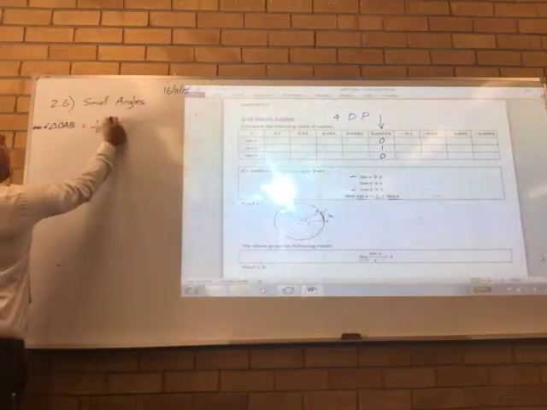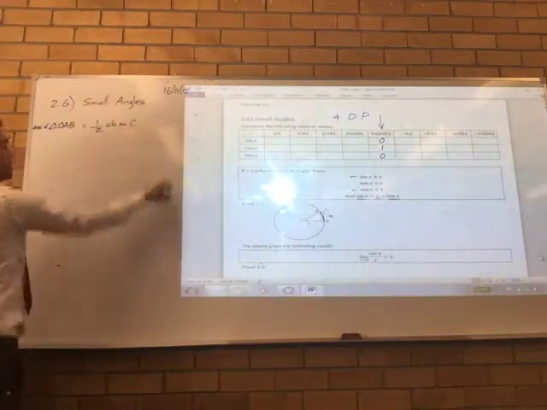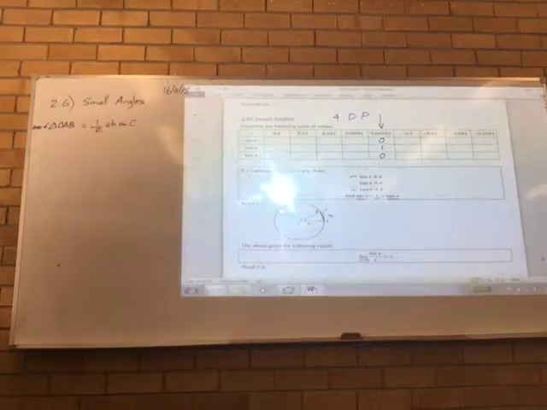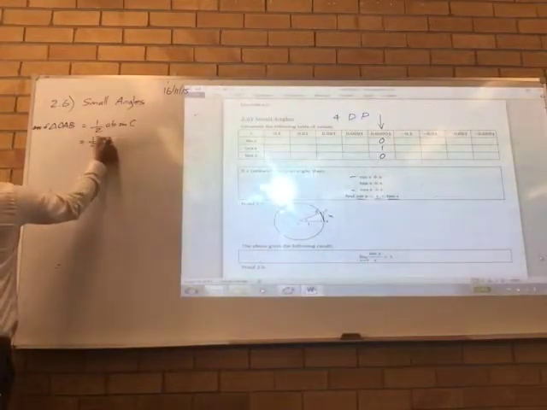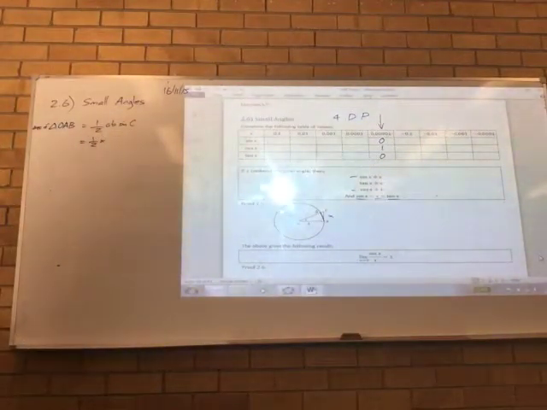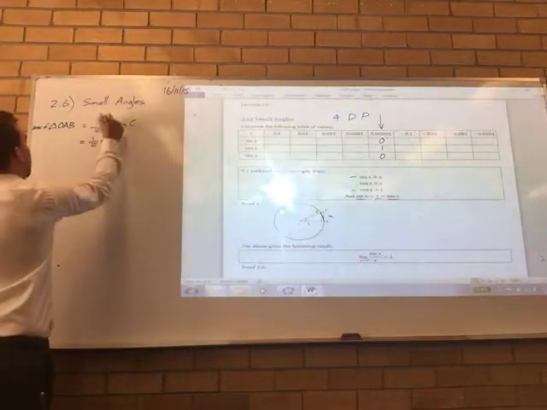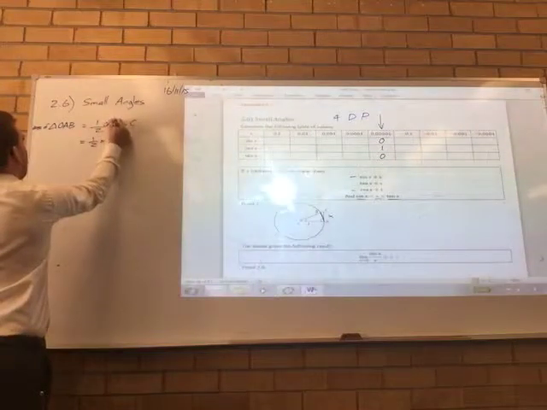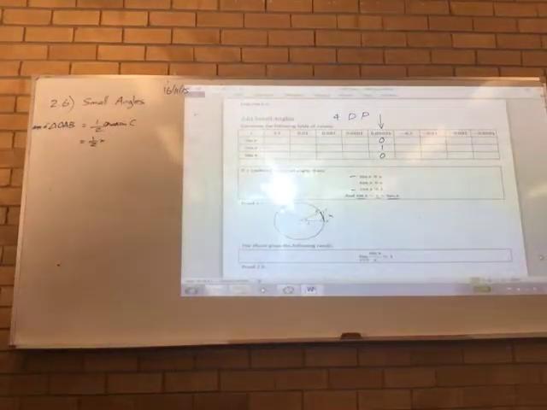Half AB sine capital C. What it should really be saying is OA times OB, for those intervals there.